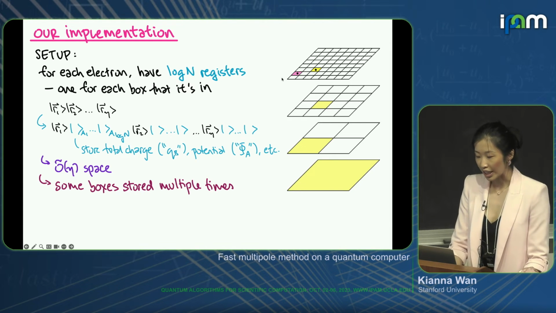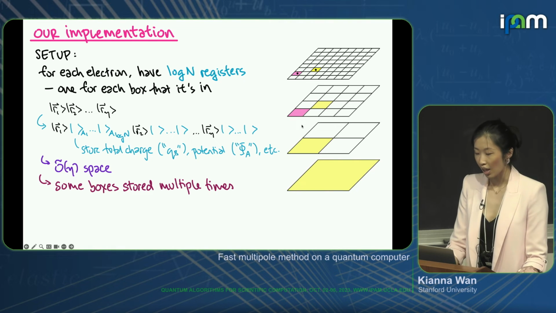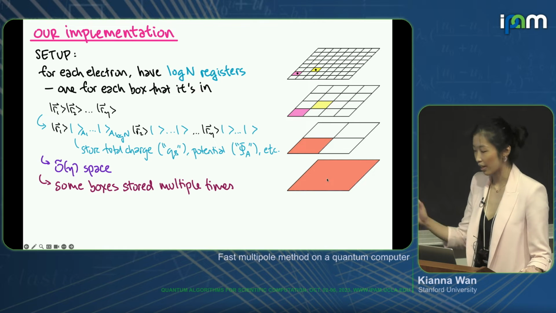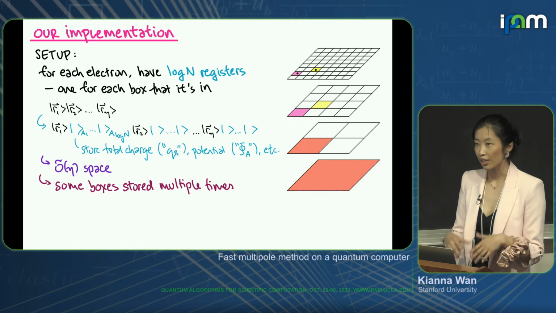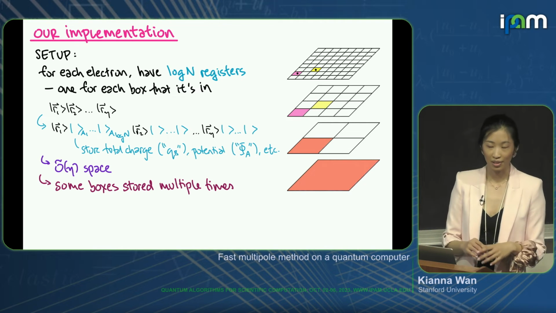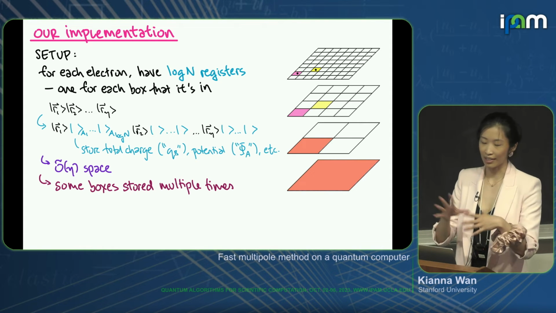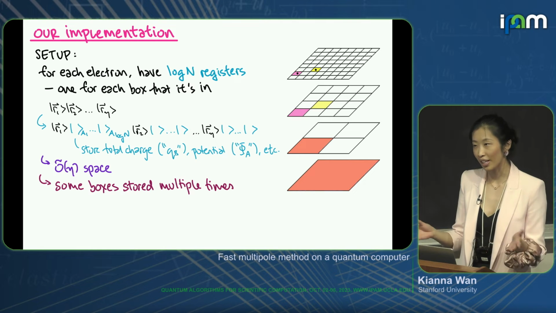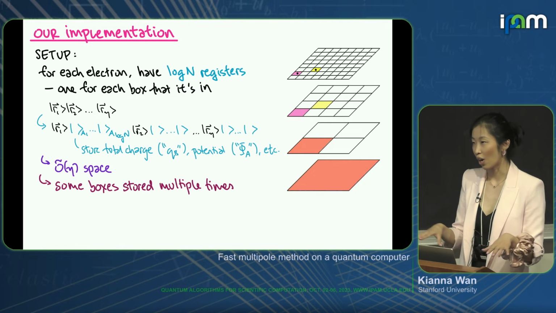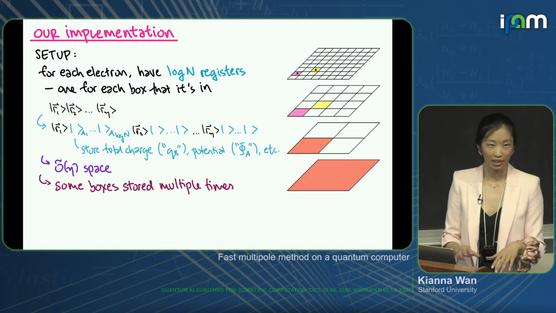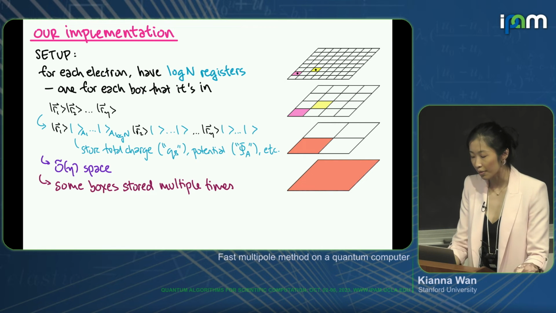And if we have another electron here, it'll be in a different box one level down, but then it'll be in the same box at the remaining levels. So in this sense, we might be encoding information somewhat redundantly, but this really can't be avoided because our circuit has to work correctly on any input, and you can imagine distributions where all the electrons are in different boxes at all the interesting levels.